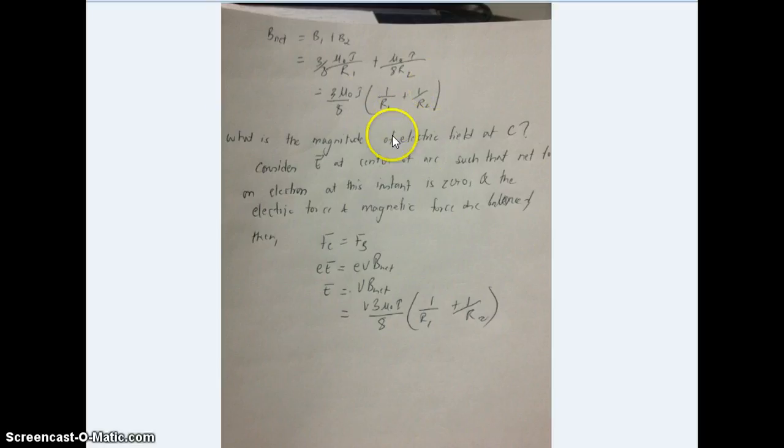And lastly, it asks us the magnitude of the electric field at C. If we consider E at the center of the arc such that the net force on the electron at that instant is 0, the electric force and magnetic force are balanced, so the force due to E and the force due to B are equal.